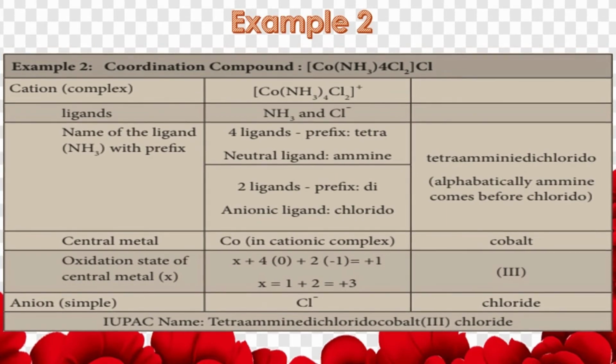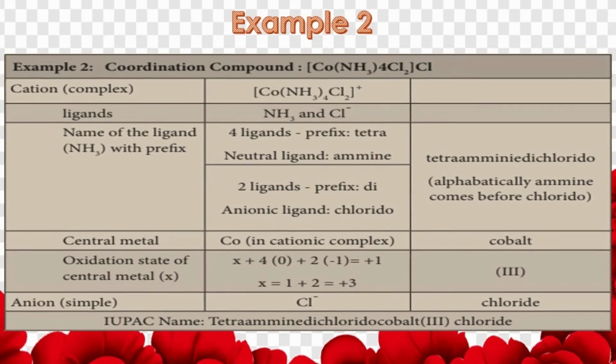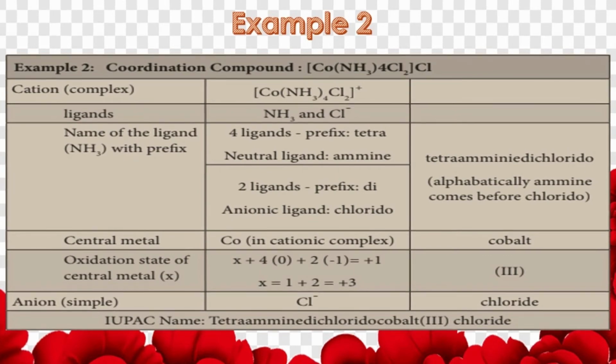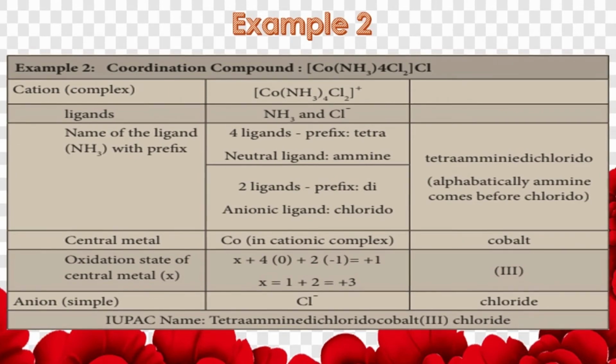Now you have 2 different types of ligands, that is NH3 and Cl-. The NH3 ligand is present 4 times, so I will use the prefix tetra. The Cl- ligand is present twice, so I will use the prefix di for it.